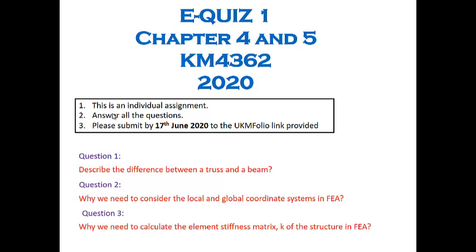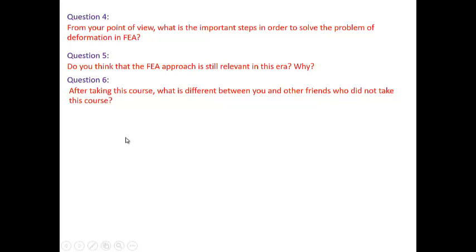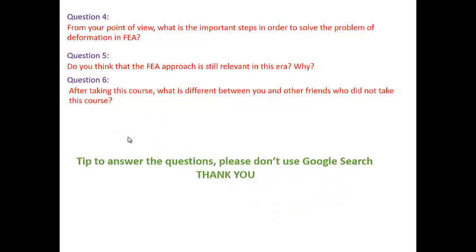You need to answer 5 questions in total. I will upload this slide into the UKM folio, and you can download it and answer the questions. The tip for answering is: please don't use Google search.